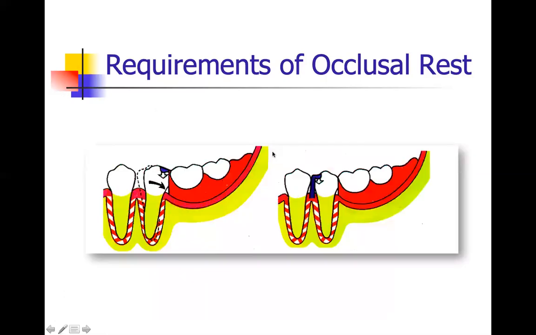Whereas in a free-end partial denture or Kennedy class 1 and class 2, the occlusal rest is placed in the far zone of the occlusal surface. It is placed here, not here. It is placed in the far zone of the occlusal surface to decrease torque action. If it is placed here, it will have a torque action on the abutment tooth.